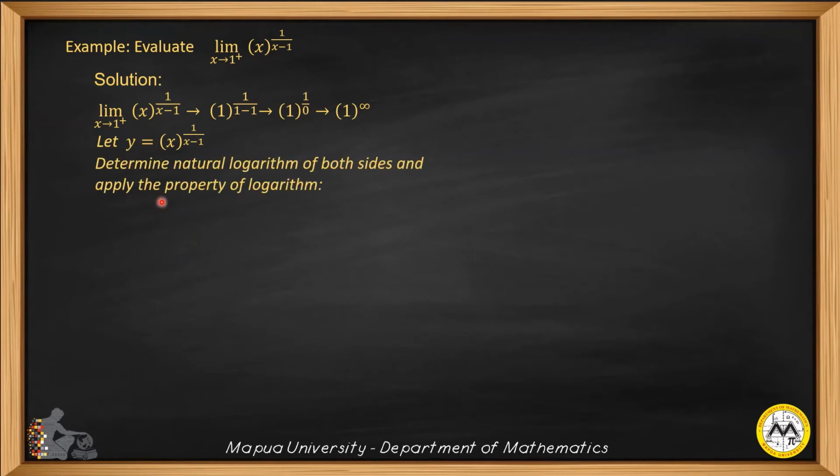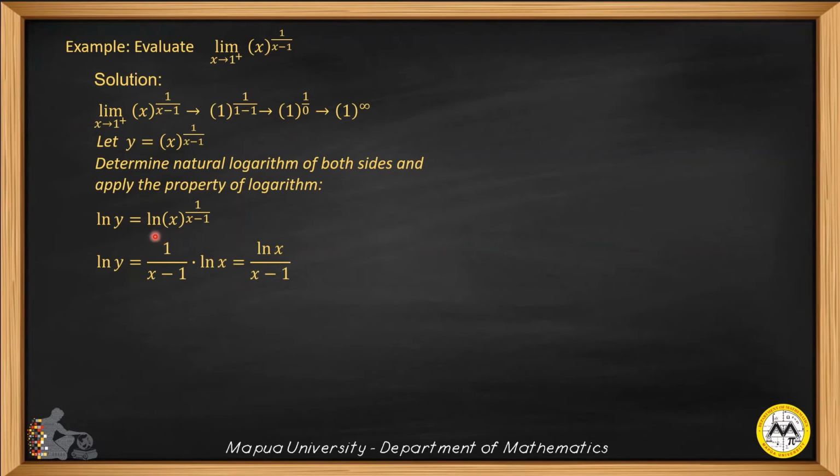Then let us make use of the properties of the logarithms so that we work on the natural log of y, which equals the natural log of the power x raised to 1 over x minus 1. And using the property of the logarithms that states that the logarithm of a power a to the b is equal to the exponent b times the logarithm of the base.